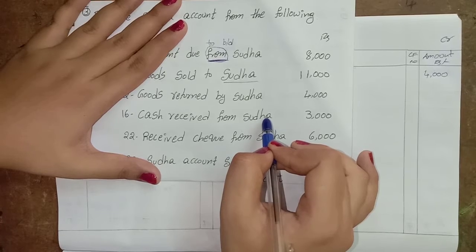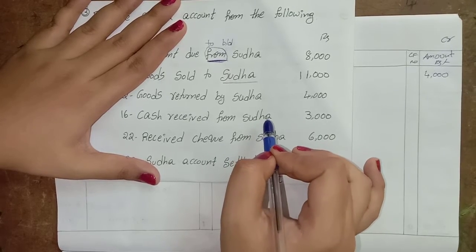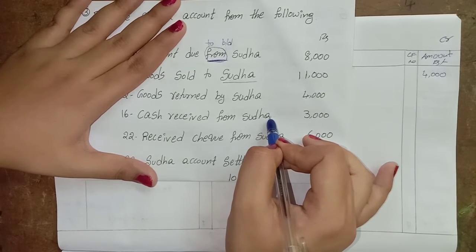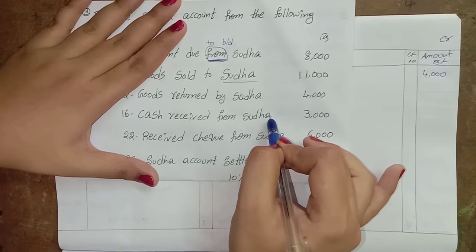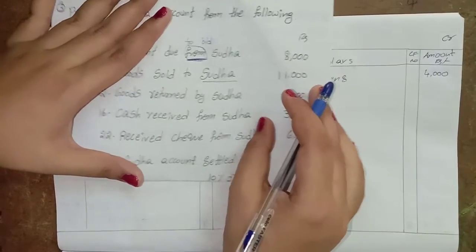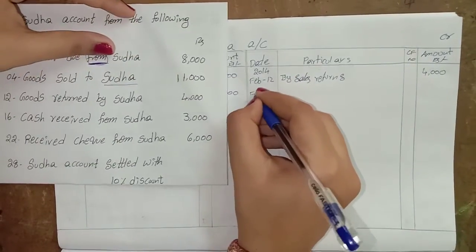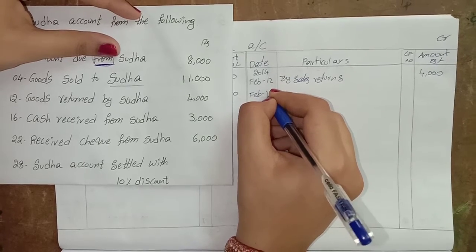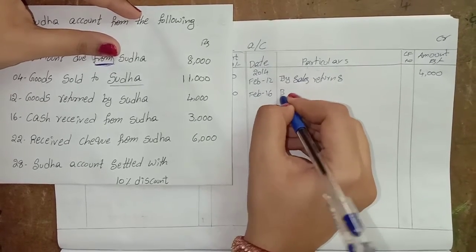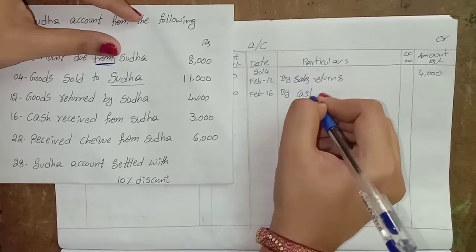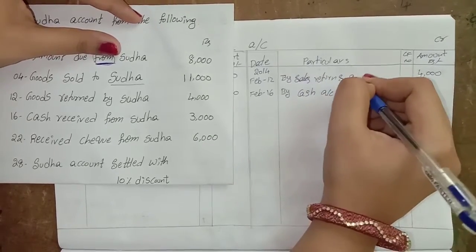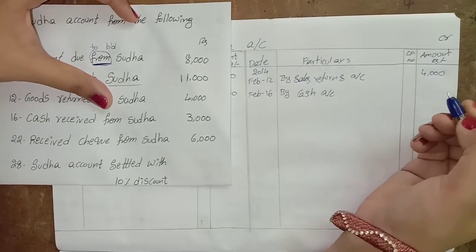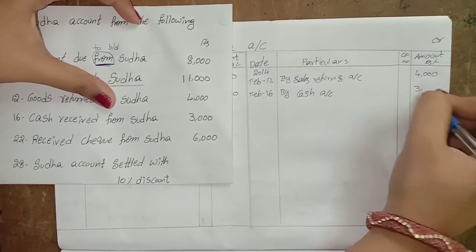The entry is cash account debtor to Sudha account. So Sudha in credit side. So we have to write by cash in credit side. February 16, by cash account. How much? It is 3,000.